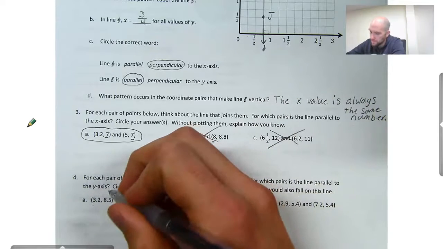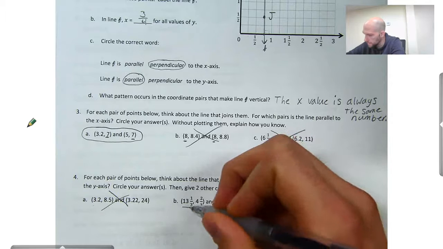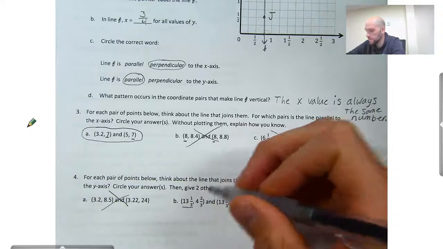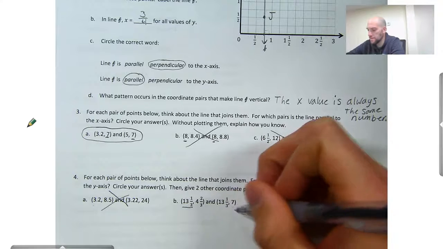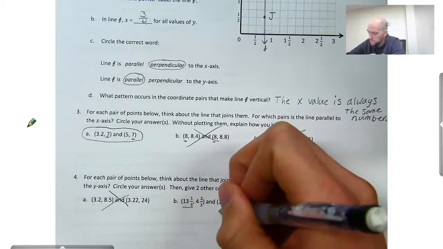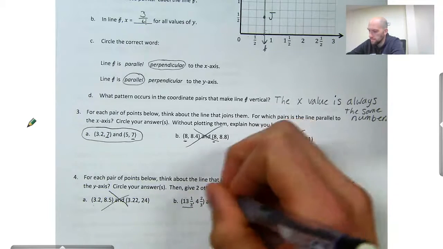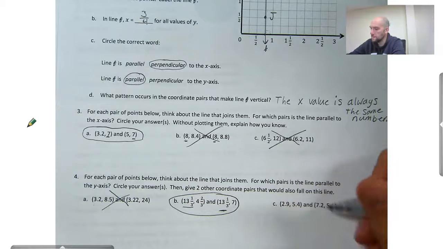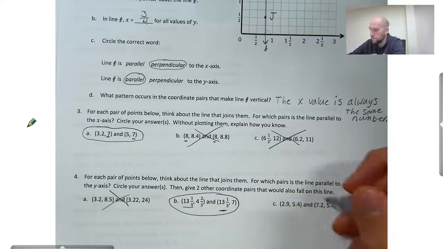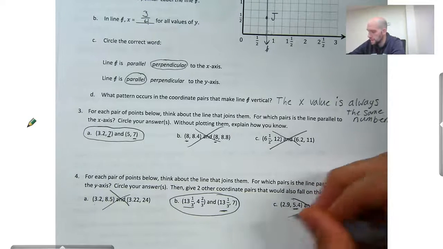Well, these x values are not the same. Here we have 13 and a third, 4 and 2/3, and 13 and a third, 7. So these two x values are the same. Then we have 2.9, 5.4, and 7.2, 5.4. These y values are the same, but the x values are not.